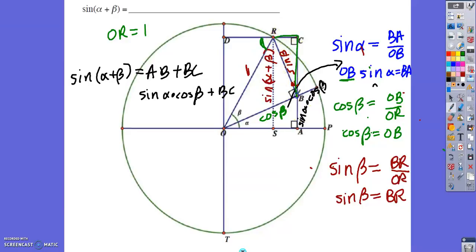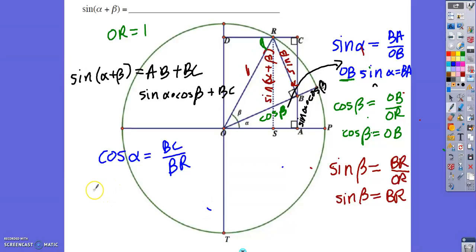I'm doing this triangle here, but alpha. So we got cosine alpha equals the adjacent side, BC, over BR. And BR we just discovered was sine beta.